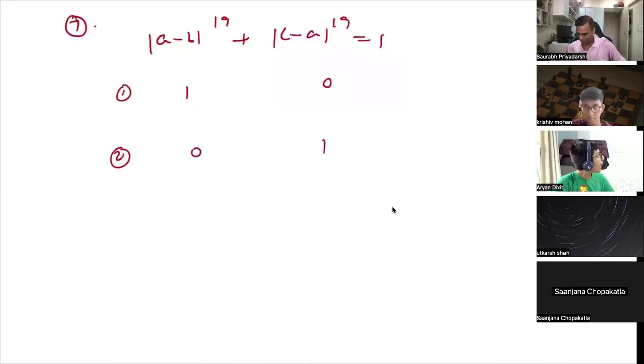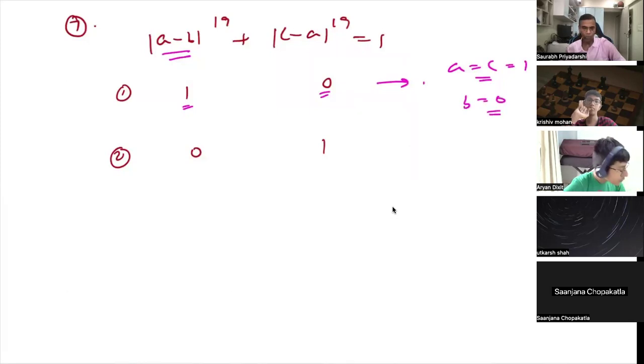Right, very good. So what option we have, right? A minus B is 1 and A minus C, so A is equal to C, right? And A minus B is 1. So if you are putting this as 1, so obviously B must be equal to 0 or 2, right? Whatever it will be. One of the case.